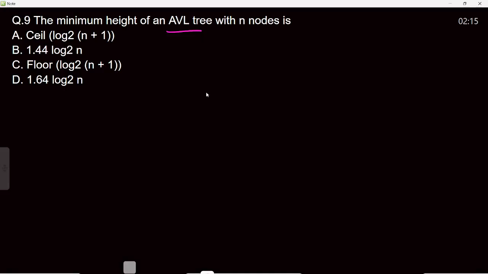Now what was the problem in binary search tree? How does it differ? To find any element in a binary search tree, what is the time complexity for BST? BST is order of n. And for AVL tree, it is order of log n.